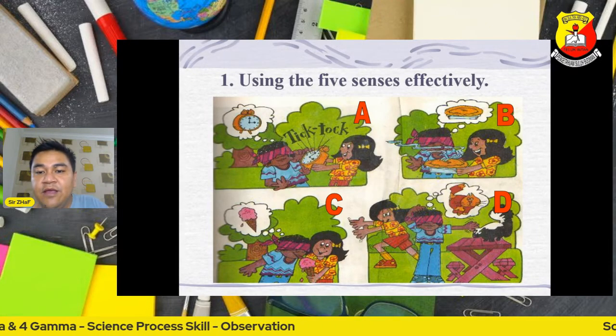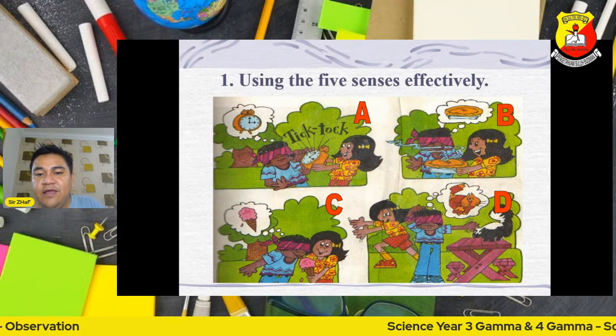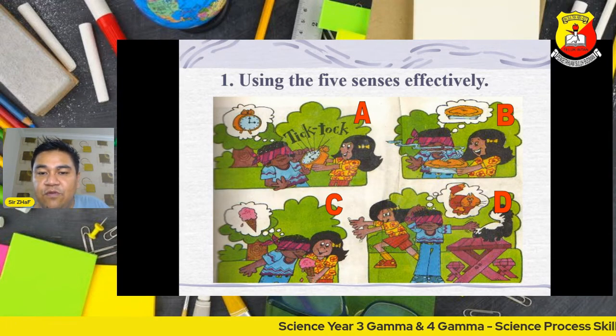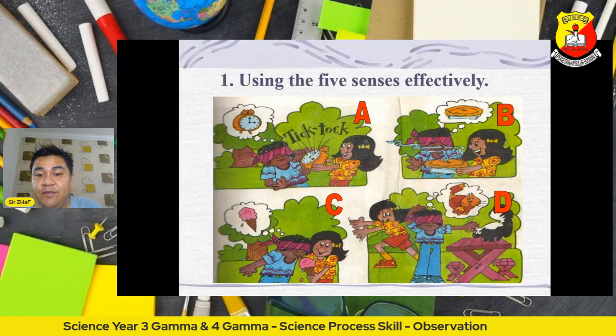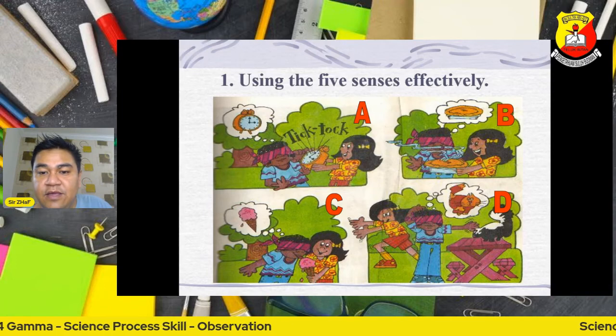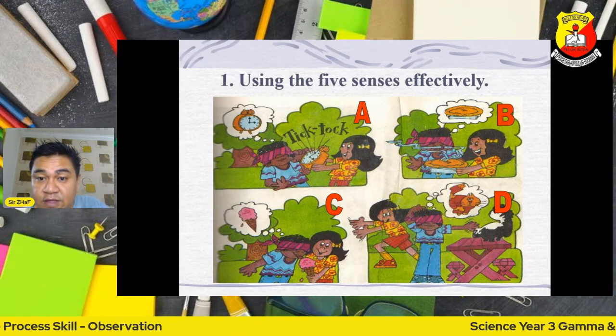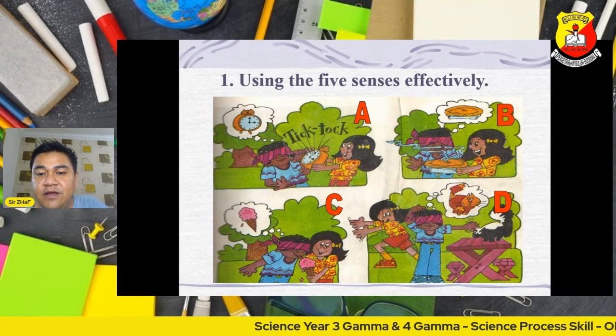Look at picture B. The boy is also blindfolded. Mata dia ditutup. What is happening? The girl is holding something, but what is the thing?